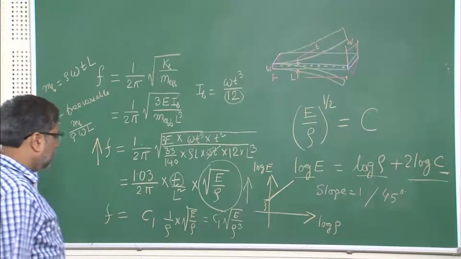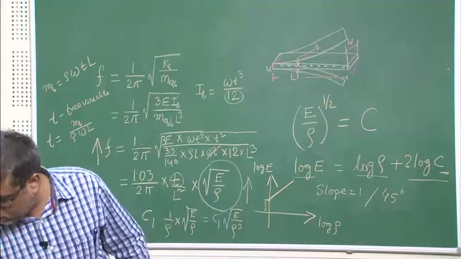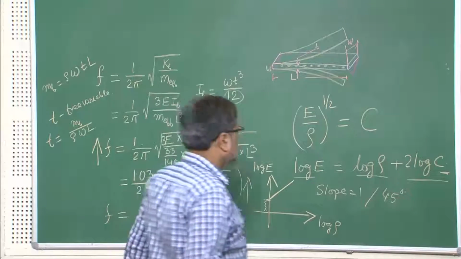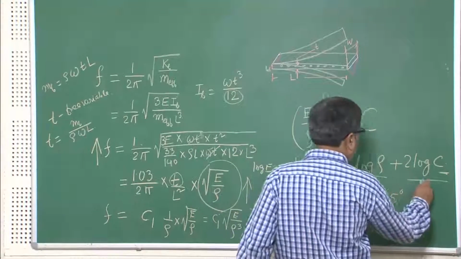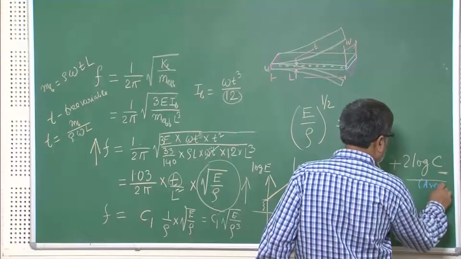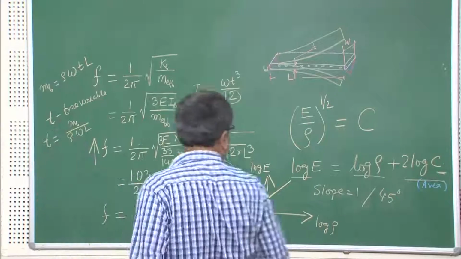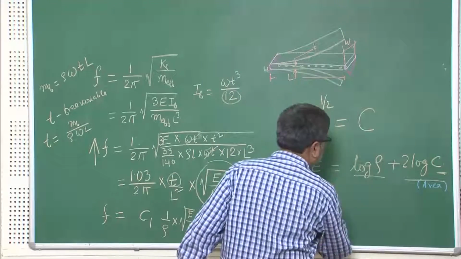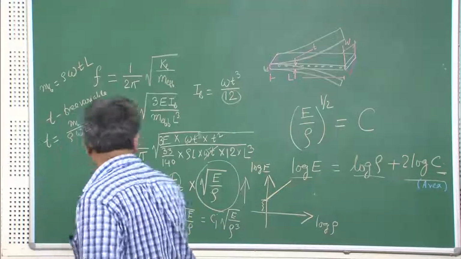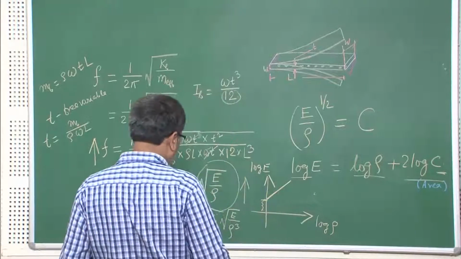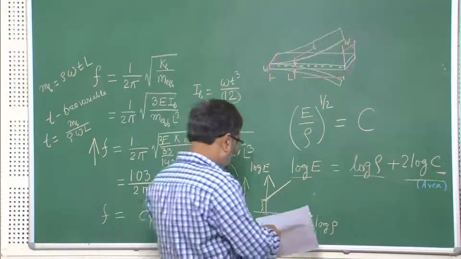In such a case, this is what we had when area was the free variable, let us call it area, and just below this line let us put this new one. Then this new one would look like f equals C1 times the square root of E over rho cube.